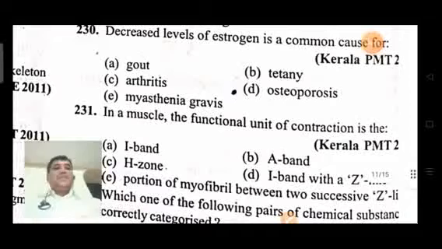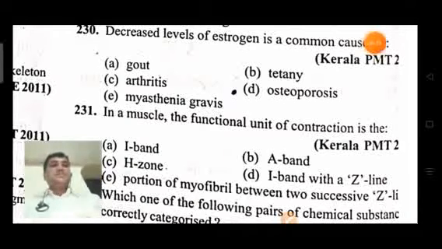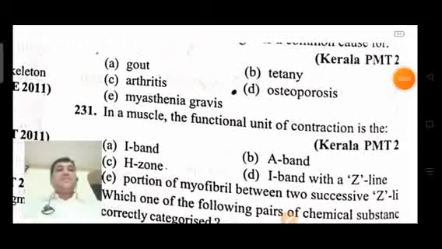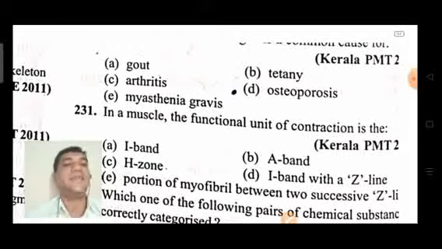Next, in a muscle, the functional unit of contraction is the I band, A band, H zone, I band with the Z line, or the portion of myofibril between two successive Z lines.